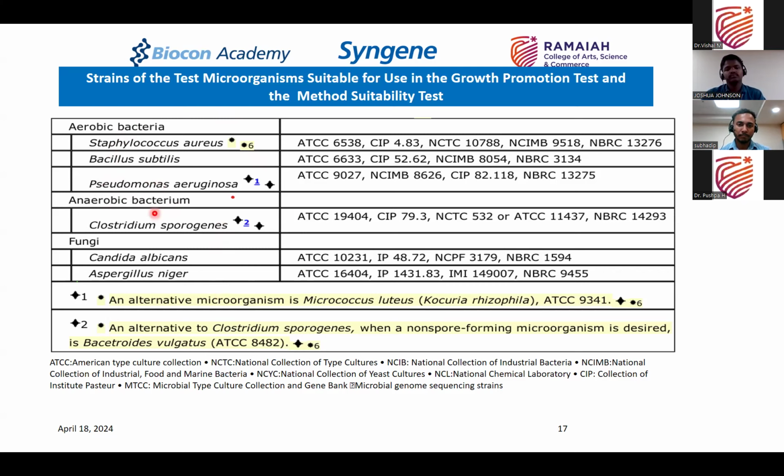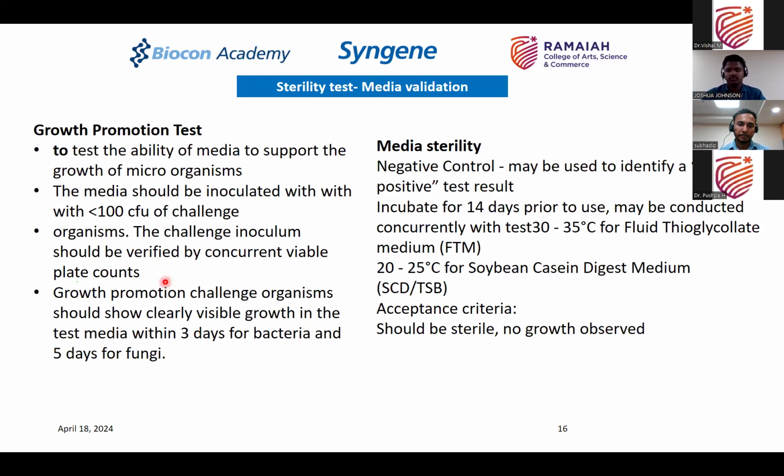Clostridium sporogenes is one of the anaerobic bacteria we are going to analyze for its growth in anaerobic media. Likewise, we have Candida albicans, the representative of yeast, and Aspergillus niger, the representative of molds. So these are our challenge organisms which we are going to use for the growth promotion test.